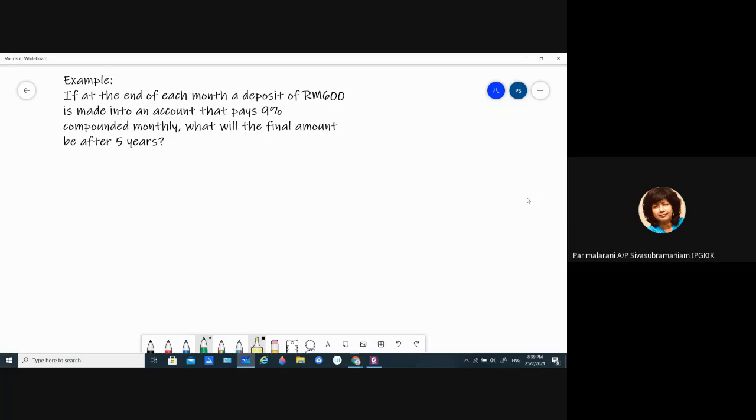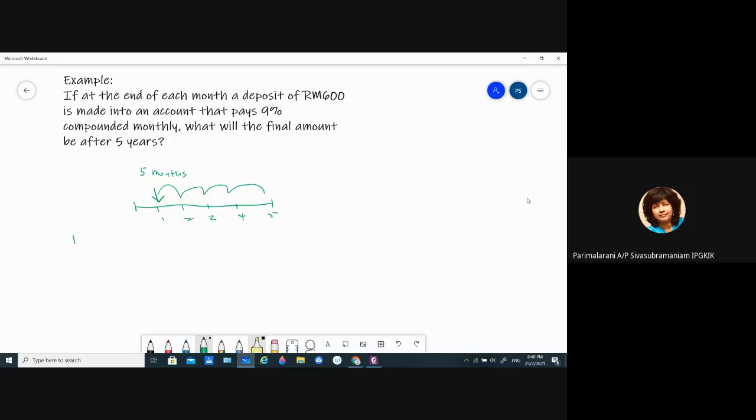Okay, let's take a simpler problem. Say 5 months: 1, 2, 3, 4, 5. You make the payment at the end of the first month. How long will the money be in this account? 4 months, right? 1, 2, 3, 4. The money will be in this account for 4 months.